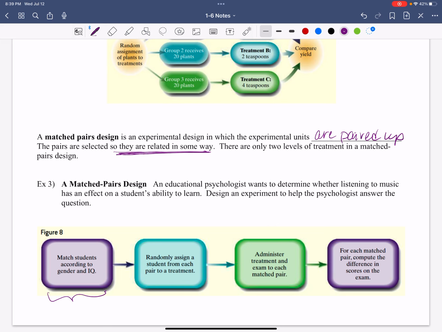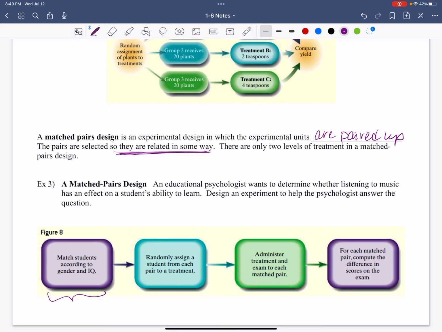The point of that is to take out any differences: do boys study and learn differently than girls? There are tons of studies on those kinds of things. So that's why you're matching on gender and IQ. If I have a higher IQ, is it going to make an impact versus a lower IQ? So you don't want too many extra variables in there.